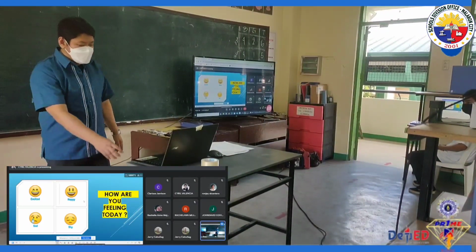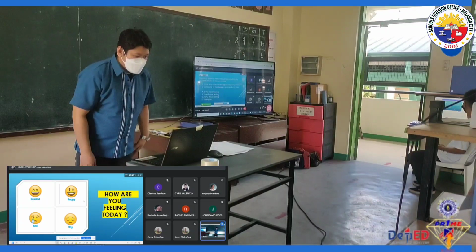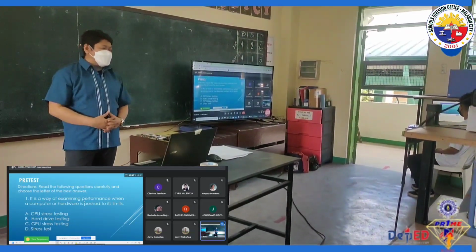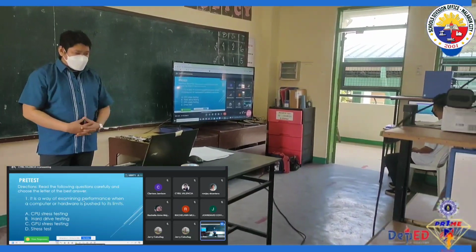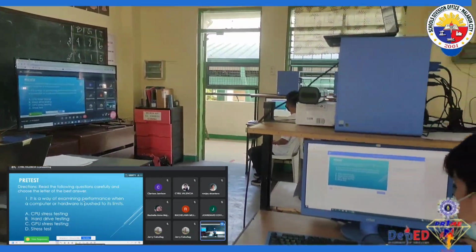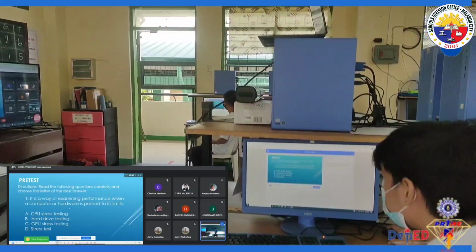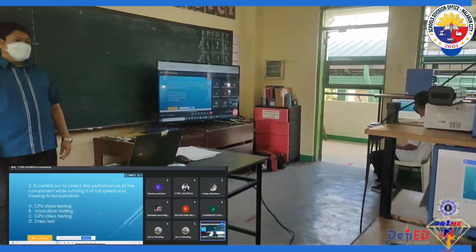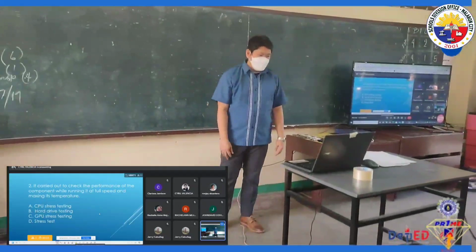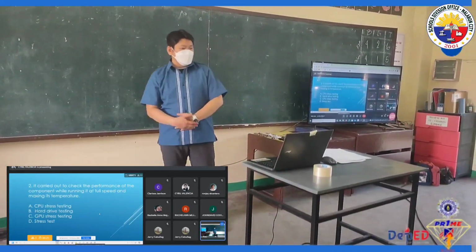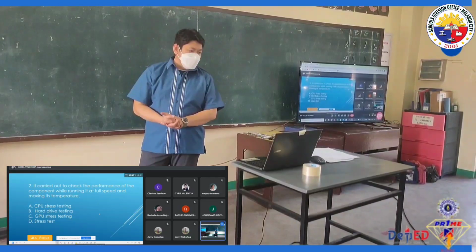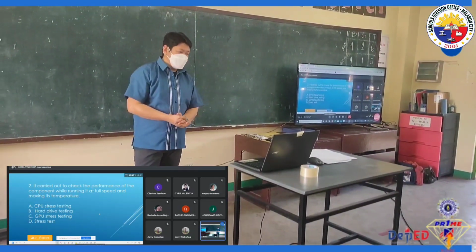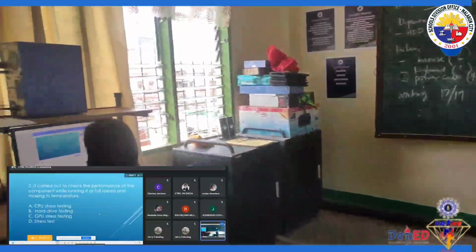Now let us use the last point for our pretest. Here is your direction: read the following questions carefully and choose the letter of the best answer. You may now start answering. It is carried out to check the performance of the component while running it at full speed and maxing its temperature. So what's that?